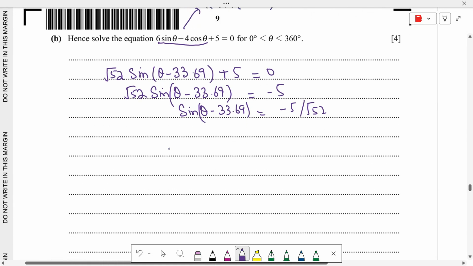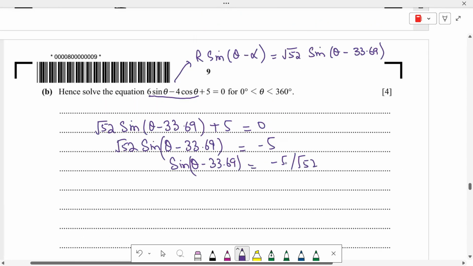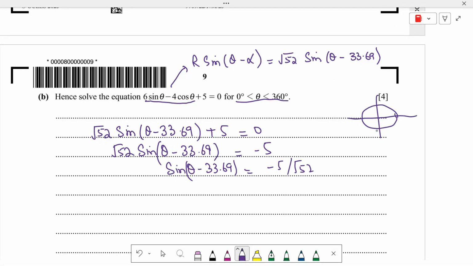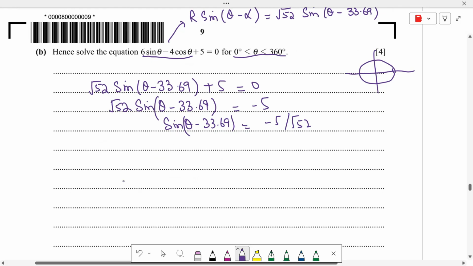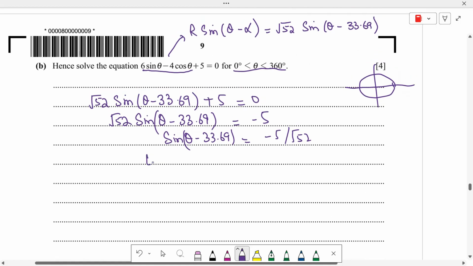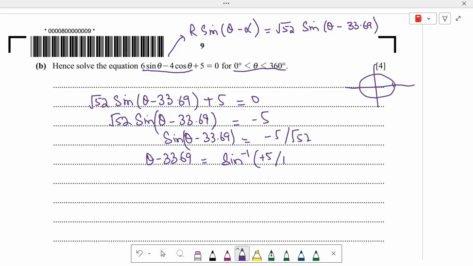So we need to find theta. In this case, the given range of theta includes all the quadrants, so we find the base angle first. So we take positive: theta minus 33.69 is equal to sine inverse of 5 over root 52, the base angle.